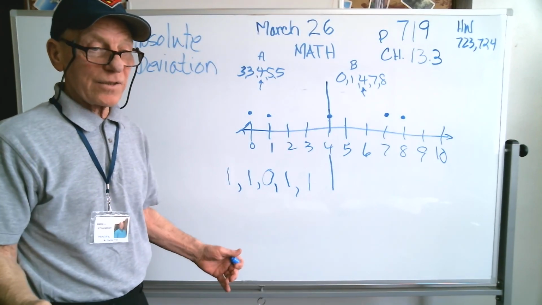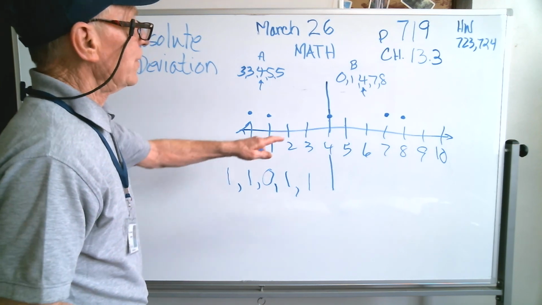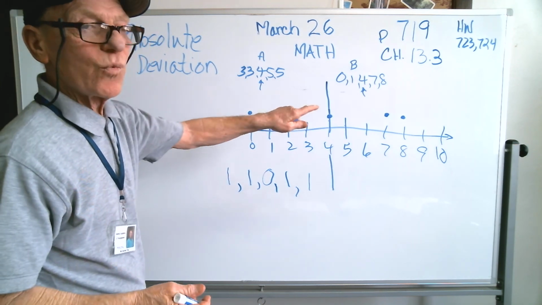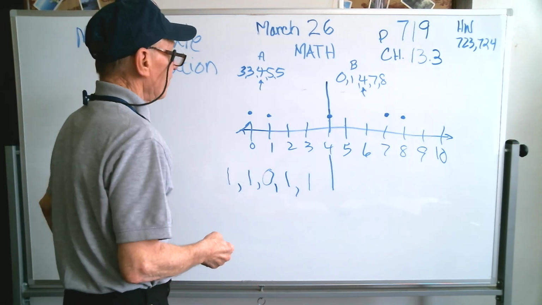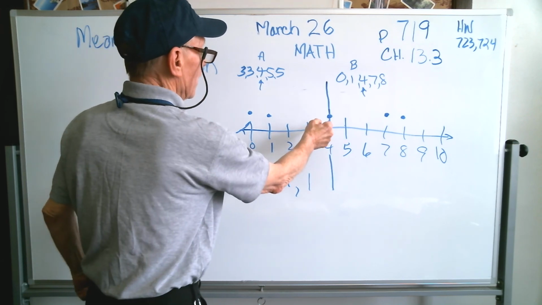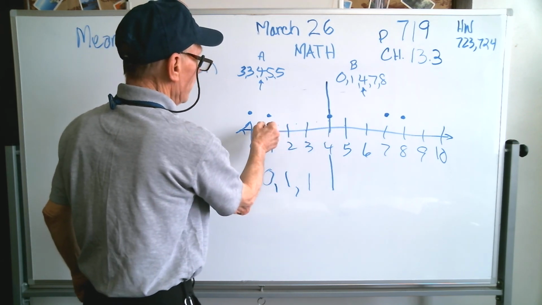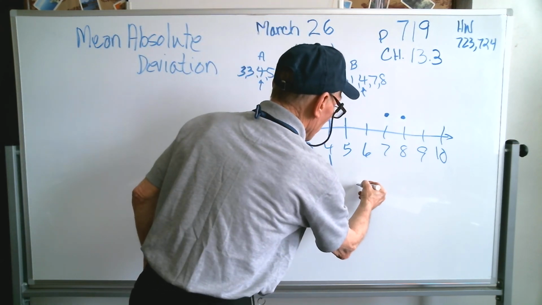Now you can see that's a completely different looking dot plot. So in order then to figure out how much each one of those dots deviates from the median, we just look. So at 0, it's 1, 2, 3, 4. So our first number will be 4.